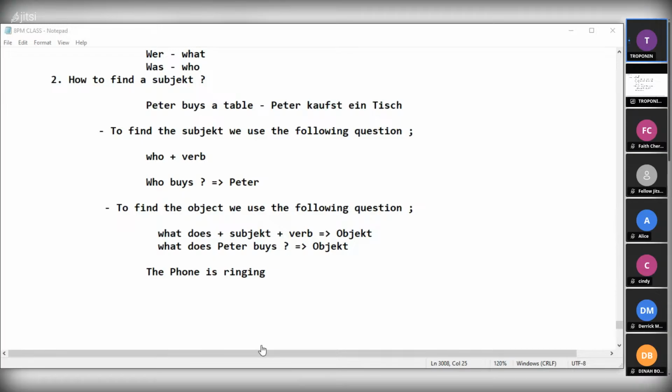Write me the answer of that sentence. Who is the subject and who is the object? So what is the object?